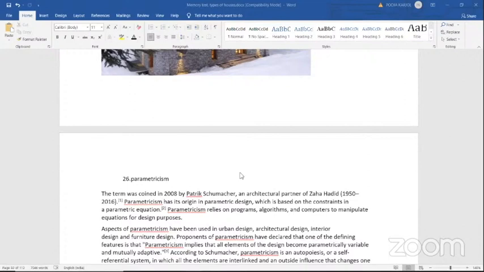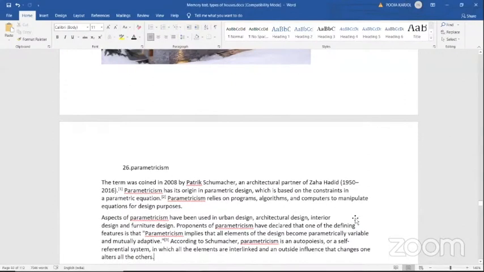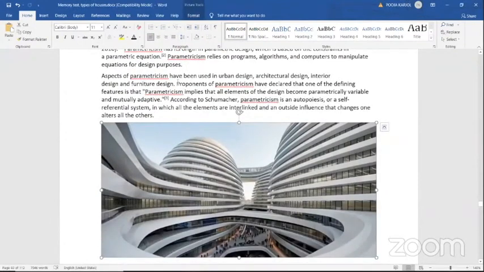It relies on programs, algorithms, and computers to manipulate equations for design purposes. Aspects of parametricism have been used in urban design, architectural design, interior design, and furniture design. Proponents of parametricism have declared that one of the defining features is that all elements of the design become parametrically variable and mutually adaptive.